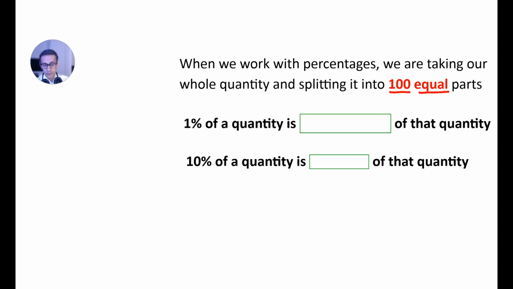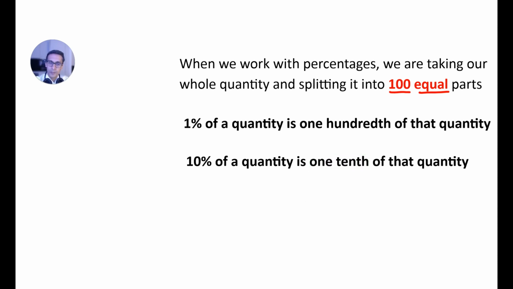So 1% of something, you're going to split it into 100 equal parts, and you're only going to take one of those 100 equal parts, which means it's 1/100th of that quantity. And for 10%, it's going to be 10 times as much. So 10/100ths is going to be 1/10 of that quantity. So 1% and 10% are usually quite useful to be able to work out easily.